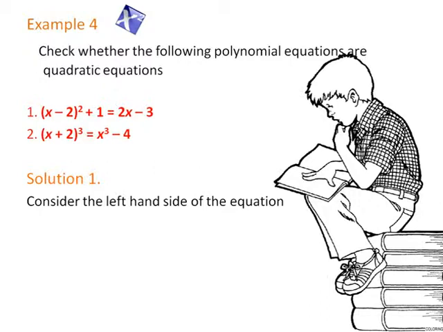Consider the left hand side of the equation. We have x minus 2 whole square plus 1 on the left hand side. Let us try to open this. We get x square minus 4x plus 4 plus 1, or x square minus 4x plus 5.